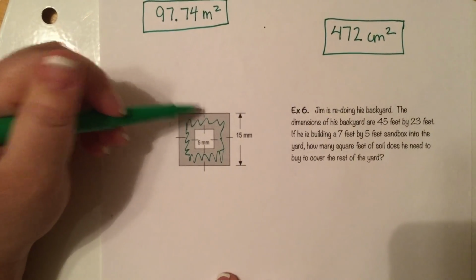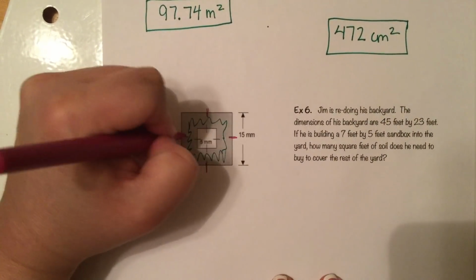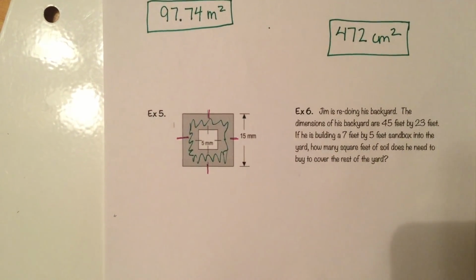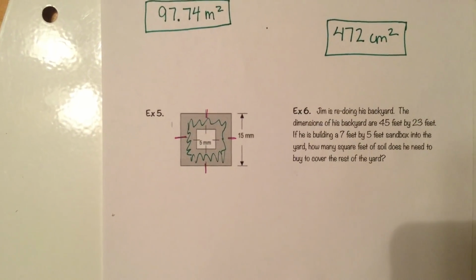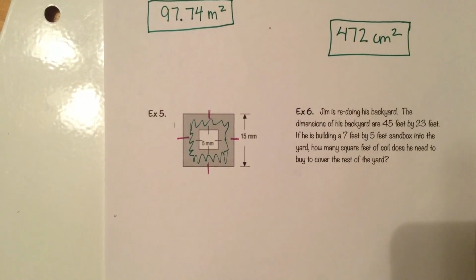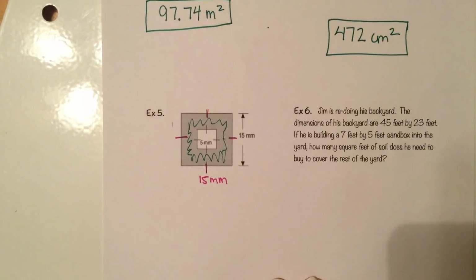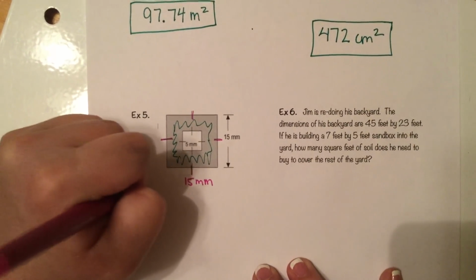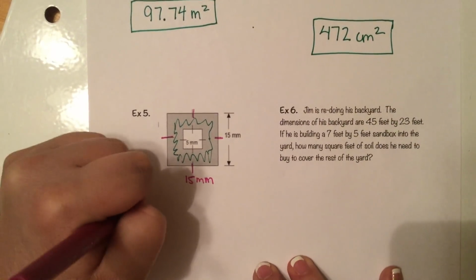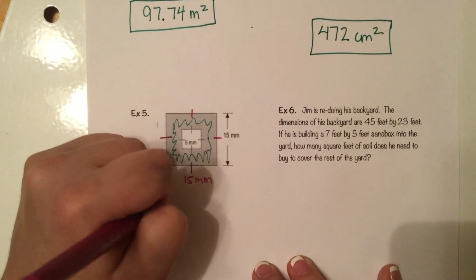I noticed some congruency lines on here. And I know that the height of my square is 15 millimeters. Well, if the height of my square is 15 millimeters, then all sides of the square have to be 15 millimeters. Okay? So in order to find the area, I'm going to take the base times the height, which is 15 millimeters times 15 millimeters.